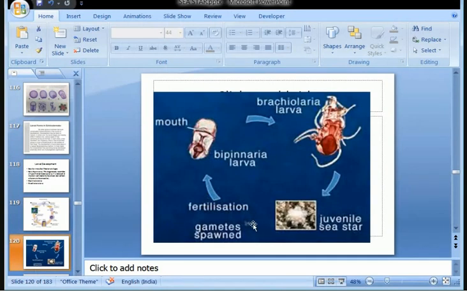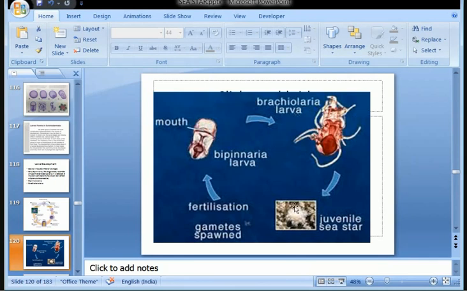Now, here are these larvae we are talking about. This is Bipinnaria larva, and this is Brachiolaria larva. Here you can clearly see that there are distinct arms formed on this structure. Here, in this structure, there are some lobes developed. This is early Bipinnaria. Then lobes develop, and then these lobes extend into arms.